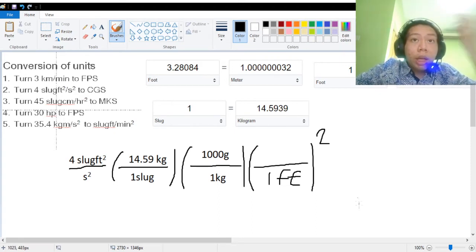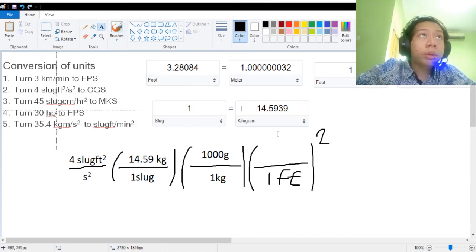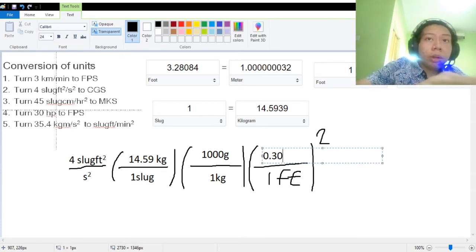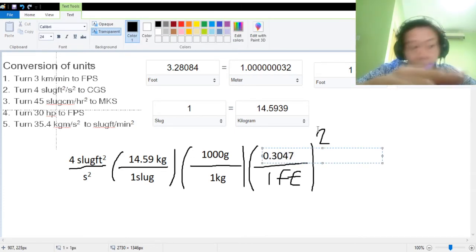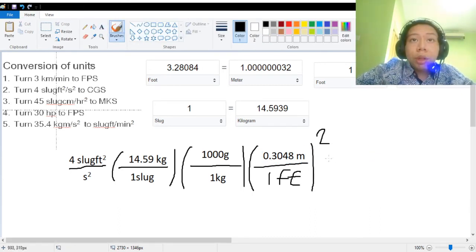Okay, and for 1 feet it is equal to 0.3048 meters. Okay, after meter we convert it into centimeter.